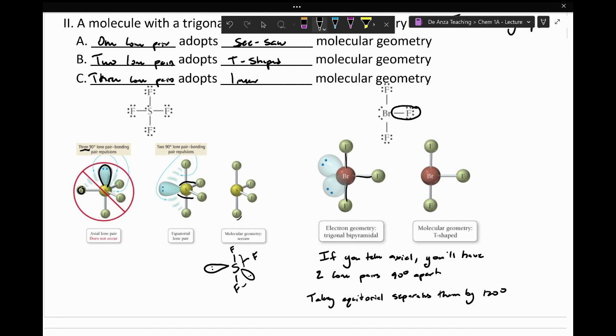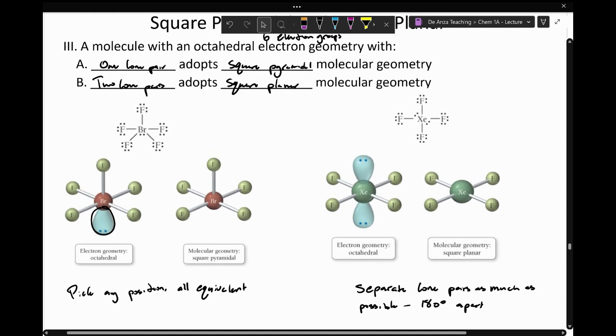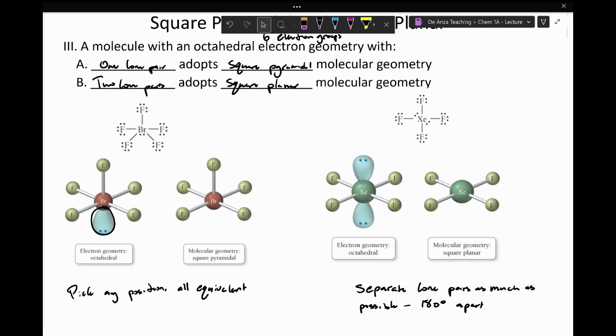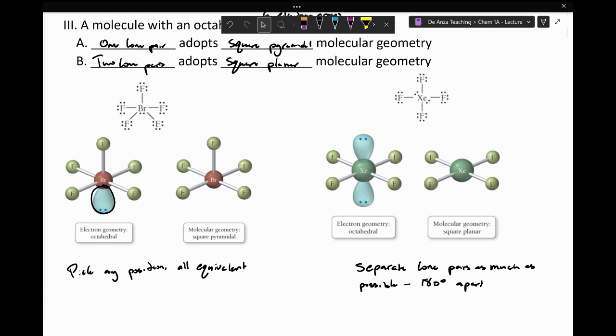That's the same reason for our specific removal from octahedral to square planar and square pyramidal. When we remove our first electron group and switch it out for a lone pair, we can choose any position because all six of them are equivalent. But when we choose our second position, we want to separate those lone pairs as much as possible, so we choose the one that's 180 degrees apart from the previous removal. So you place them above and below the plane of the molecule.